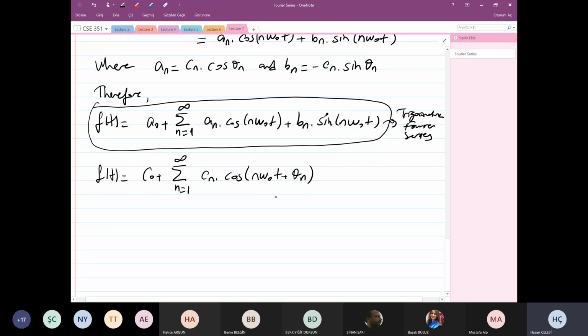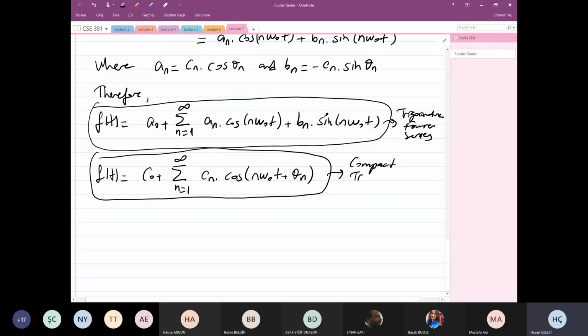This form of Fourier series is called the compact trigonometric Fourier series, which is the second type.